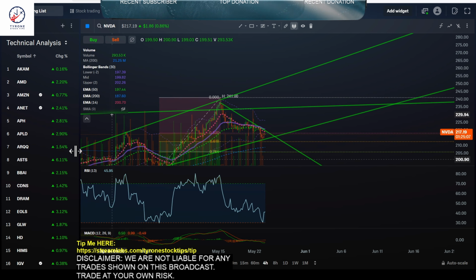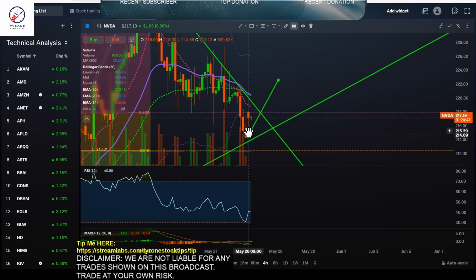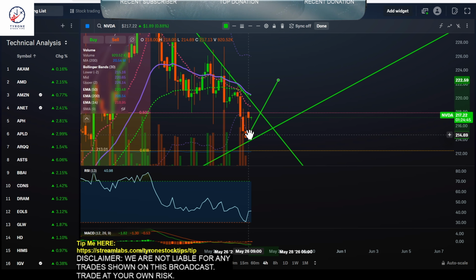I'm not going to follow this trend line. I'm just trying to show you the possibilities of when or what number that would be before it would reach the top of the channel.